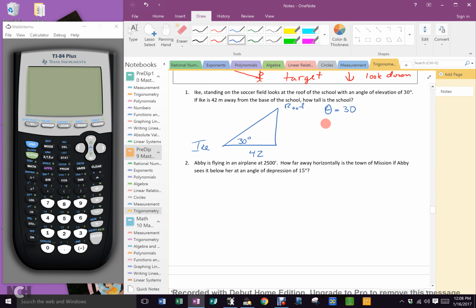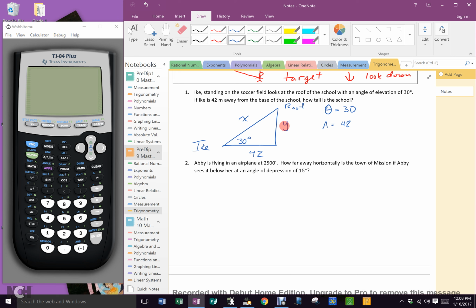I have an adjacent, which is 42. I need to know the height of the school. Is it X or is it Y? It is Y. I do not need to know how far away Ike is from the roof. That's the hypotenuse. I need to know how tall the school is.